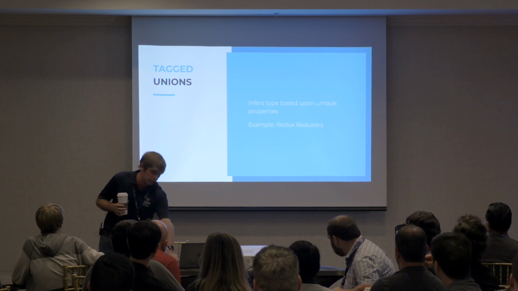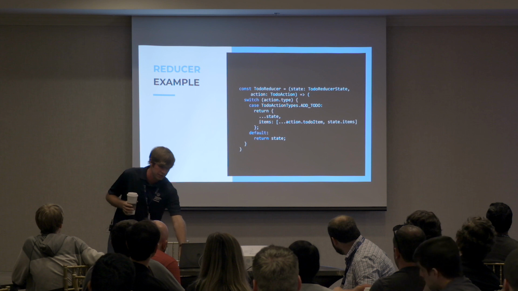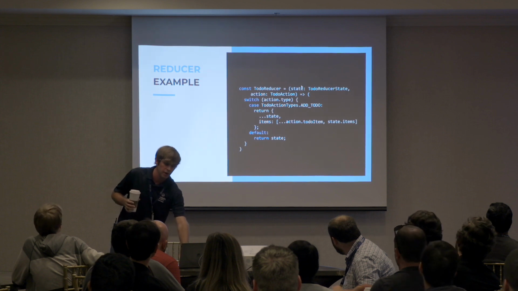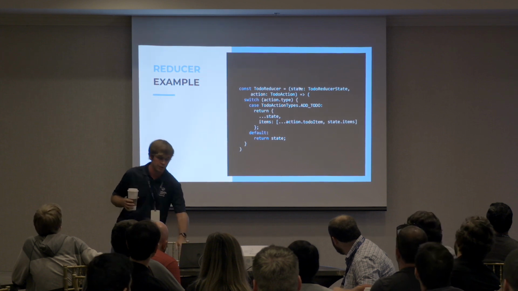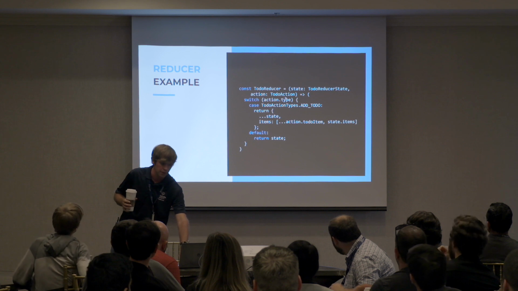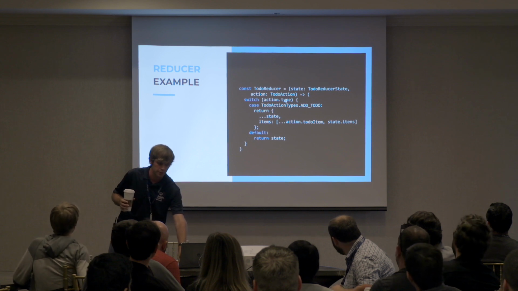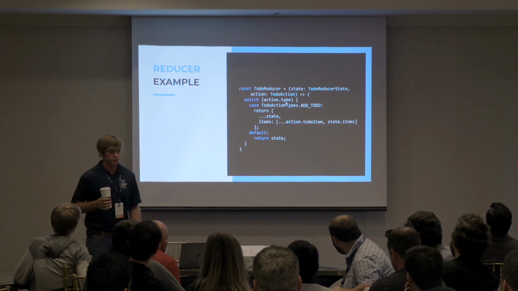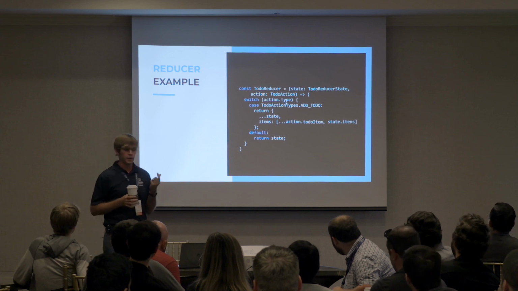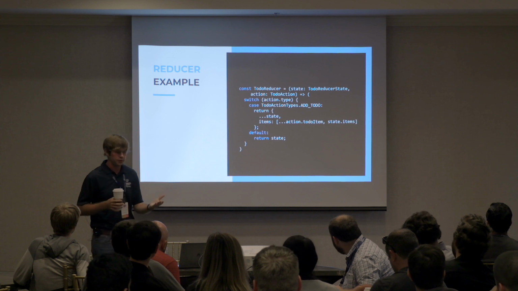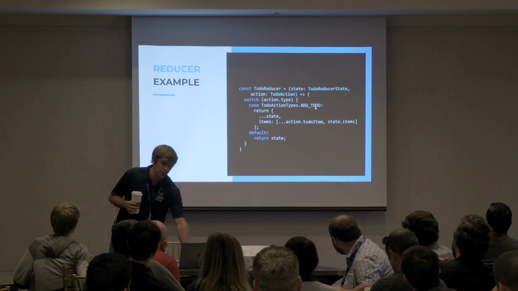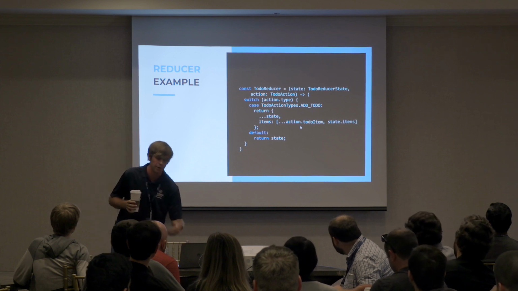To give a more concrete example, in a Redux reducer, it's a function that takes a state and an action and then returns a new state. The action type that you use with the standard action structure is unique for each action. So TypeScript is able to figure out that if it's add to do, then that must be an add to do action, and then it knows the structure.